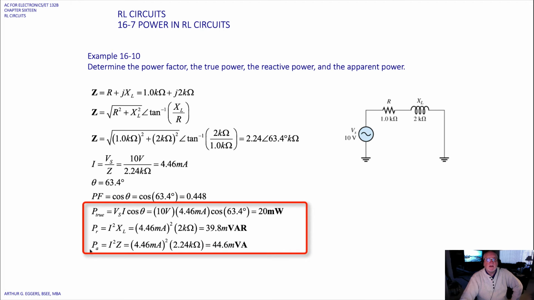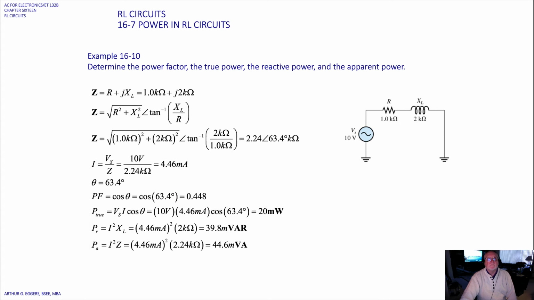And then finally, the apparent power in volt amps is I squared Z: 4.46 milliamps squared times 2.24 K ohms gives us 44.6 millivolt amps.